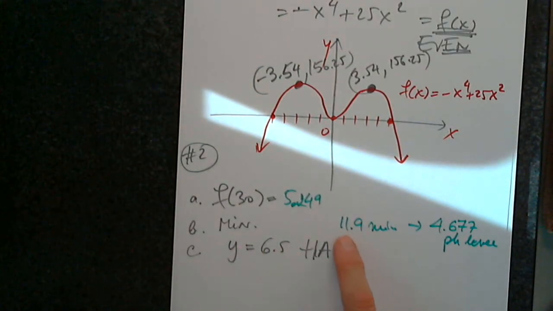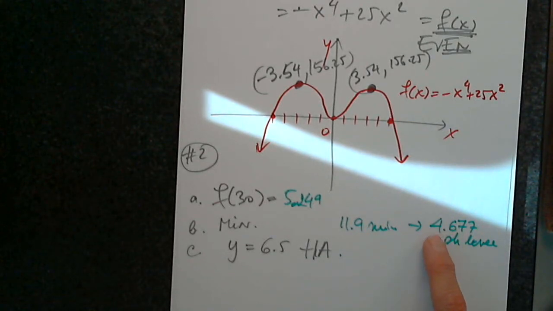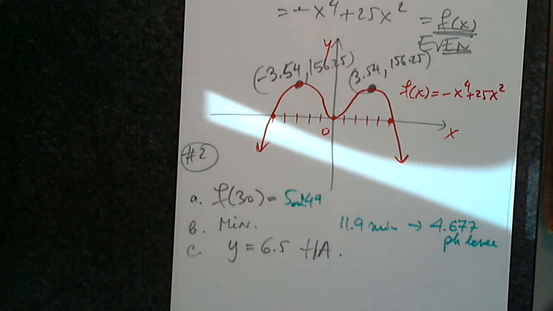So 11.9 minutes after we swallow something with sugar, the pH level drops to 4.677. Now let's go back and explain part D. He's asking us to explain what happens.